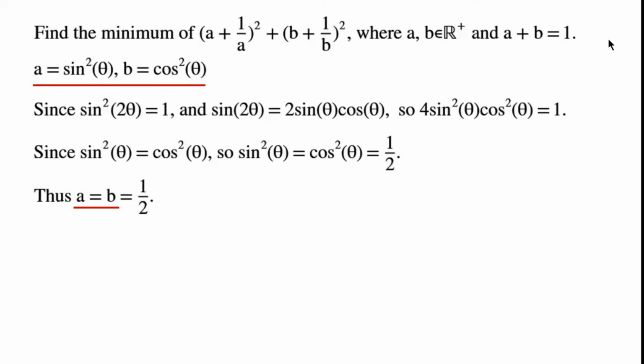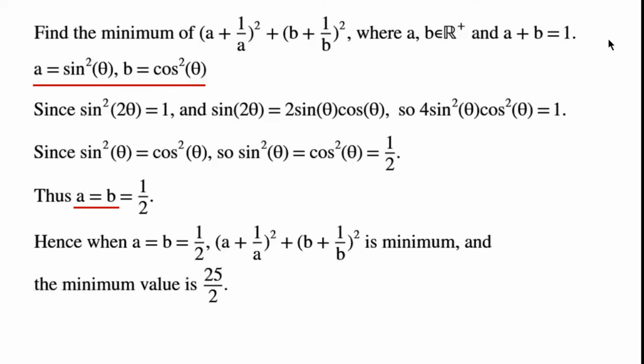Thus, a equals b equals 1/2. Hence, when a equals b equals 1/2, (a plus 1 over a) all squared plus (b plus 1 over b) all squared is minimum, and the minimum value is 25 over 2.